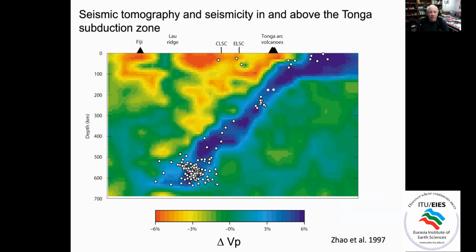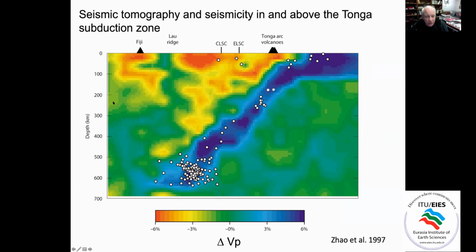All right, so you've all seen these tomography images. What I want to draw your attention to is not the colors, red and blue, which of course means slow and fast. I want you to see the scale of the differences. This is 12% difference in velocity at a given position.